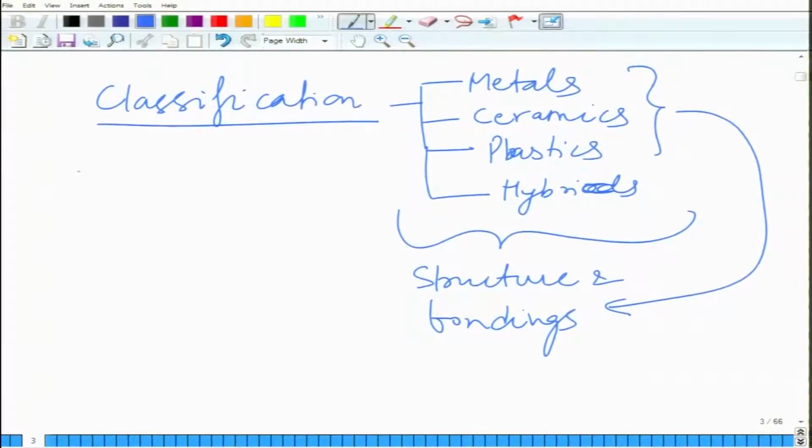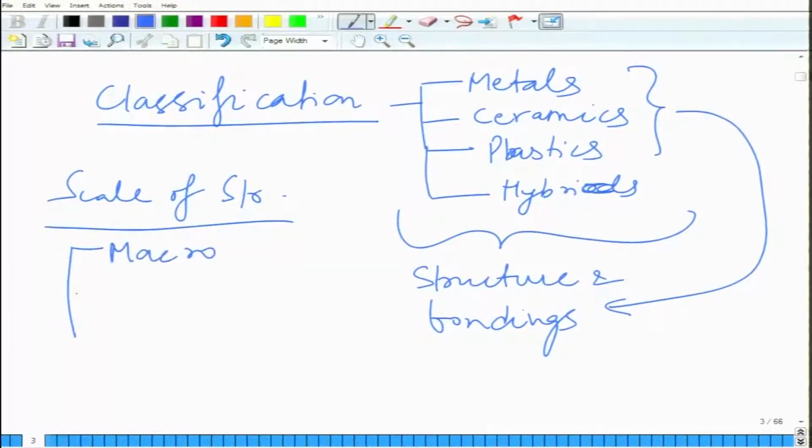And then we looked at the scale of structure. So structure has various scales. First scale is the macro, second is micro, third is nano, fourth is atomic.